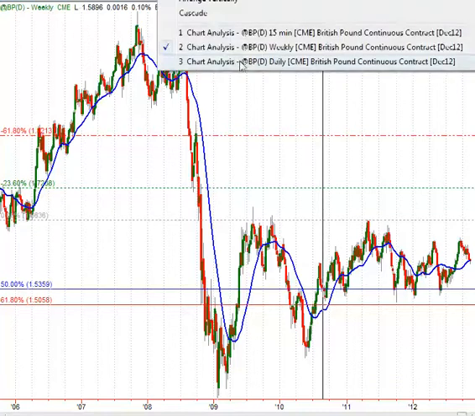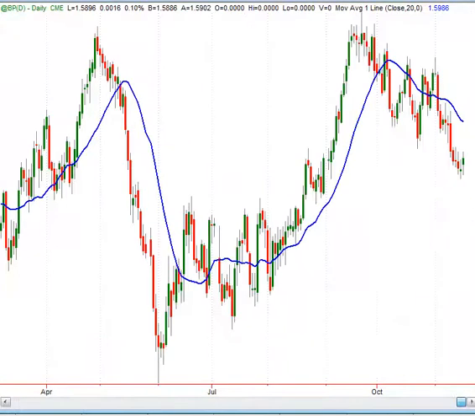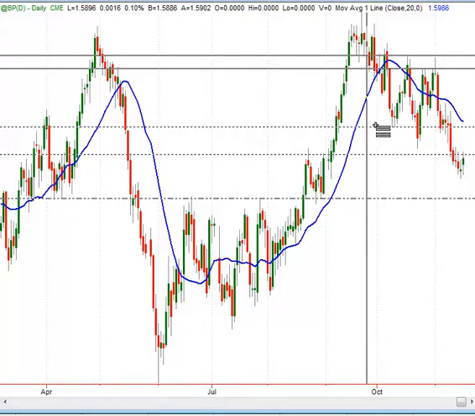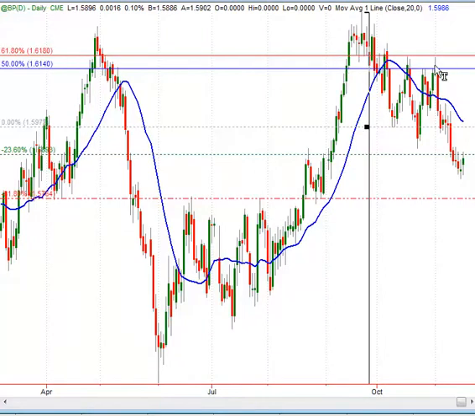Moving to the daily, you will remember last week we had a setup here that was retested multiple times but never failed. The 61.80 was never failed on the upside, and price got to the first target, 158.90.